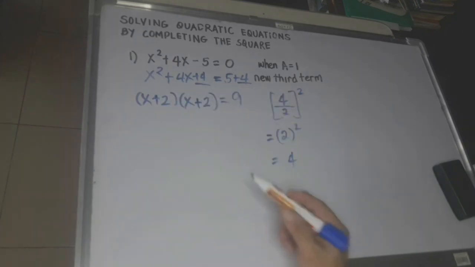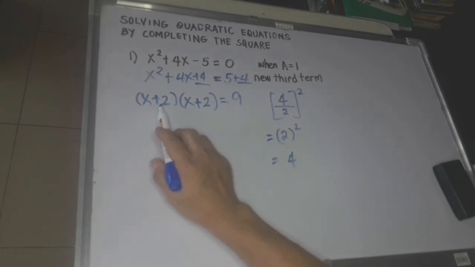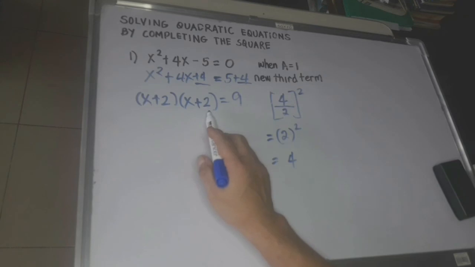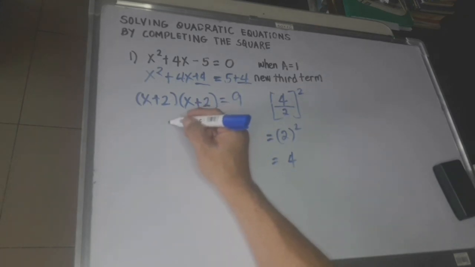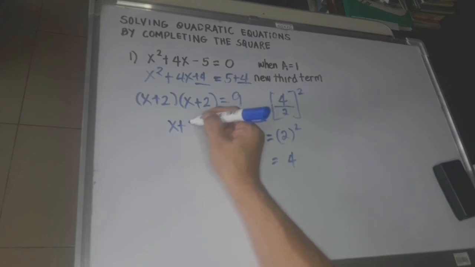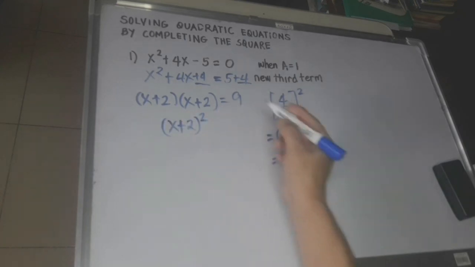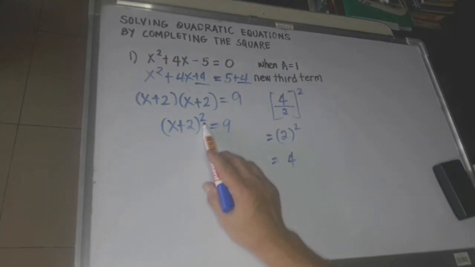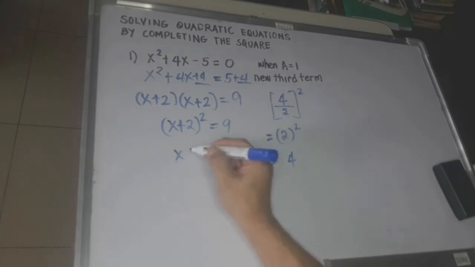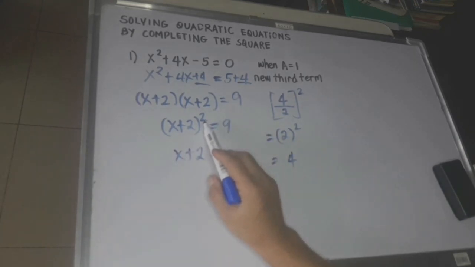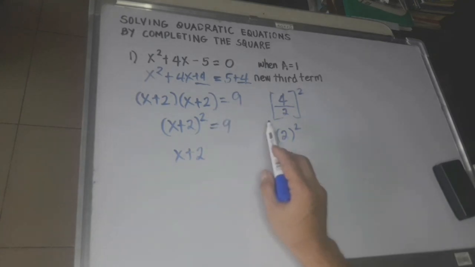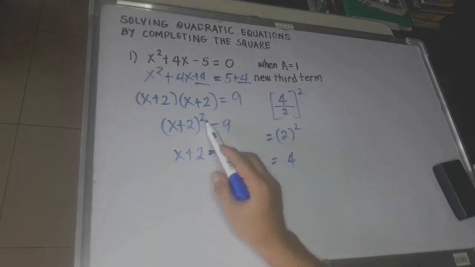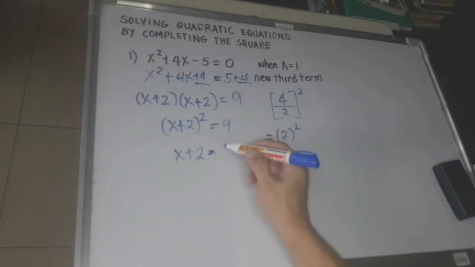Now, since these two binomial factors are identical, we can write it like this: the quantity x plus 2 squared equals 9. Then, eliminating the exponent, as we did in extracting the square root, once the exponent is transferred to the other side of the equation, since the exponent is 2, it becomes the square root.